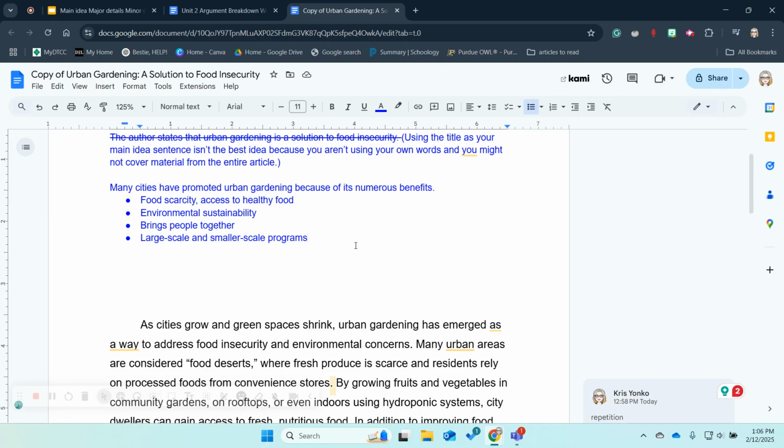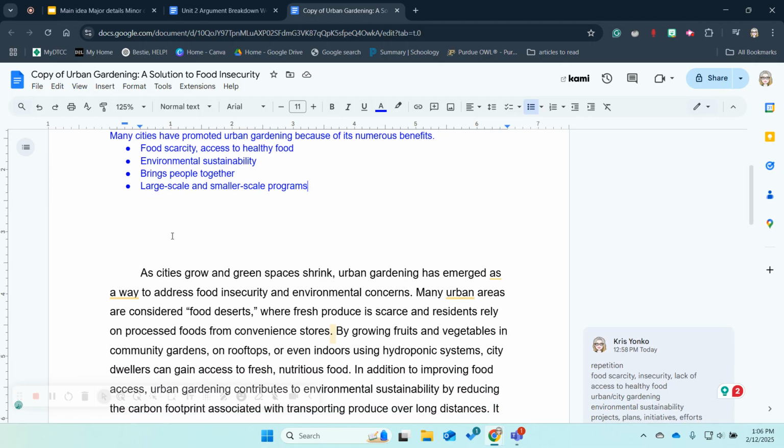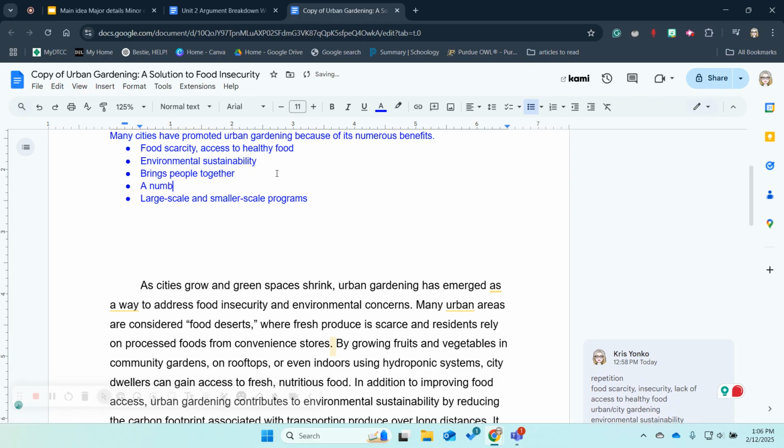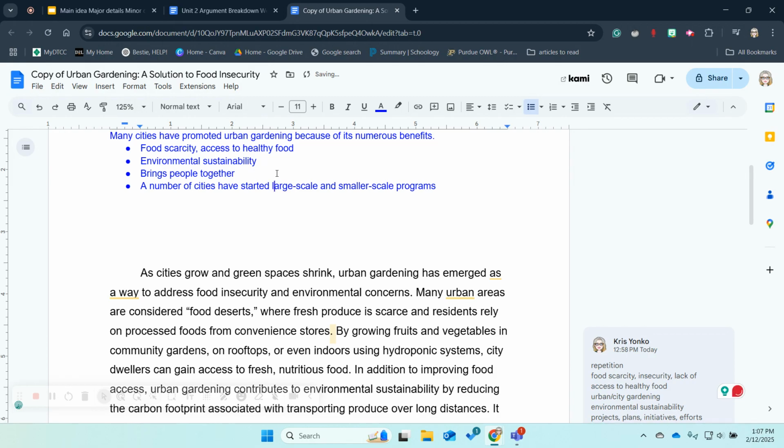If you find you're getting caught up in those smaller details, you have to ask yourself, what's the big picture? The big picture is that a number of cities have started, and then maybe we'll combine that with what we have here, large and smaller scale programs.